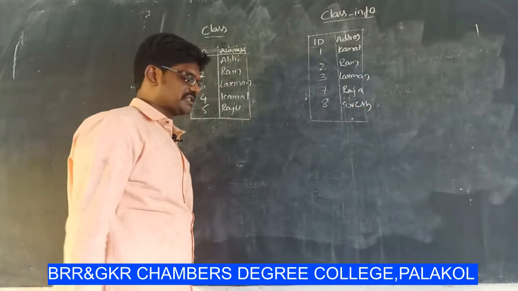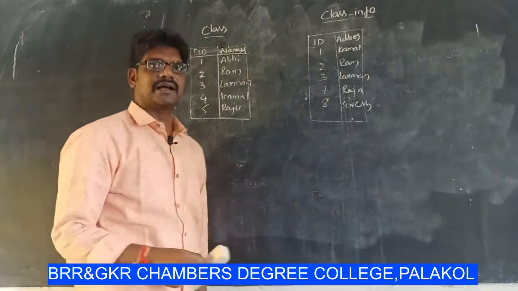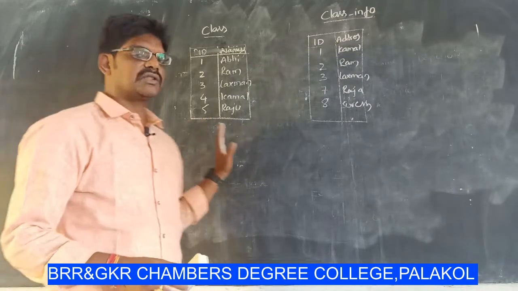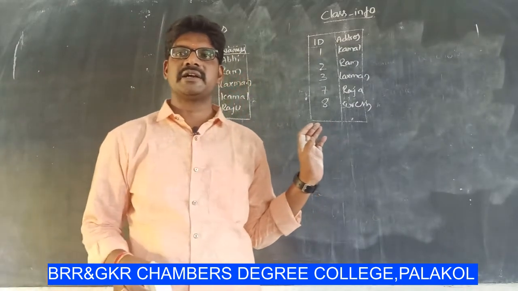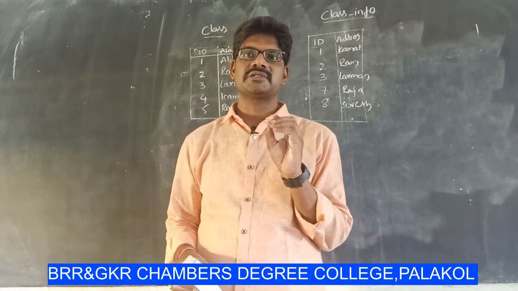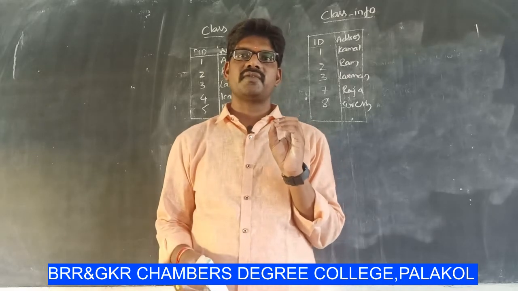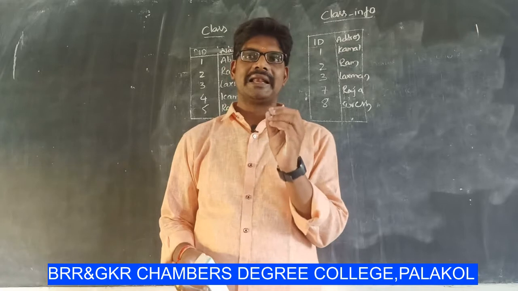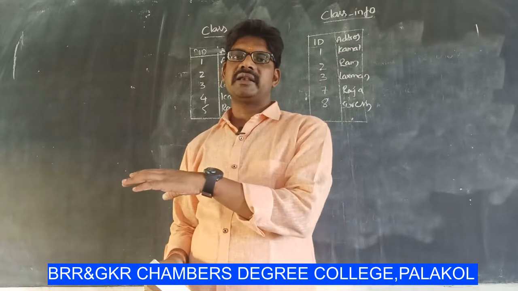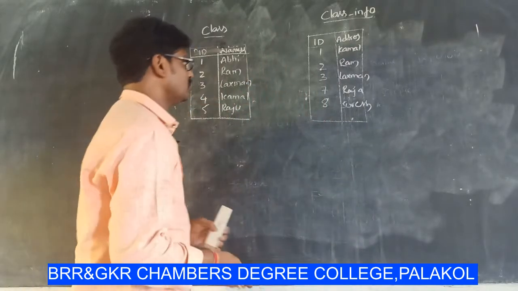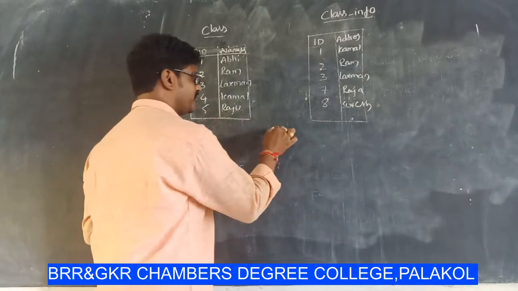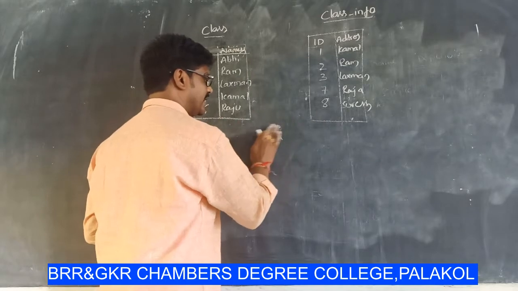So I am taking two relations here: one is the class and the next one is the class info. Now I have to apply the left outer join. So what is left outer join? The left outer join returns the result table with the matched data of two tables, then the remaining rows of the left table, and null for the right table.